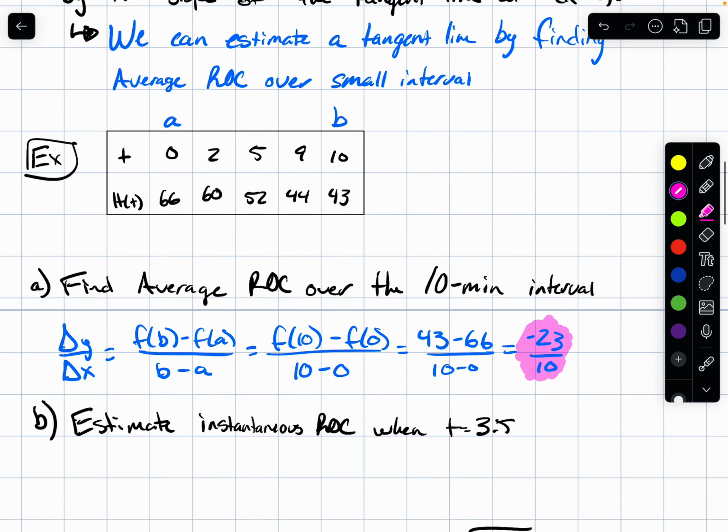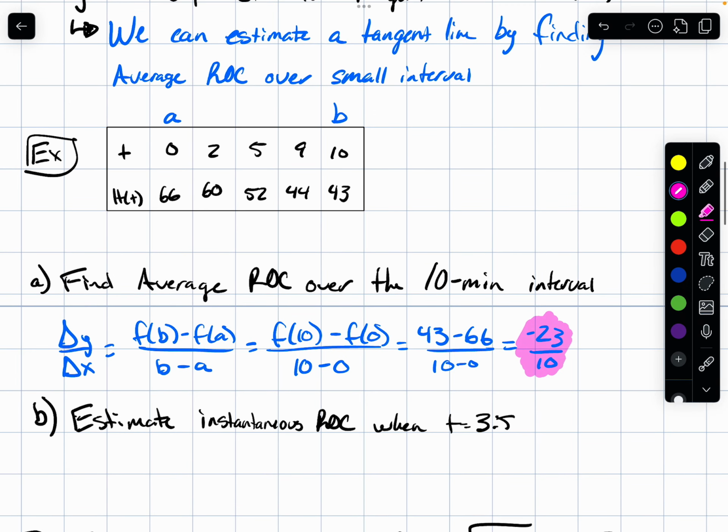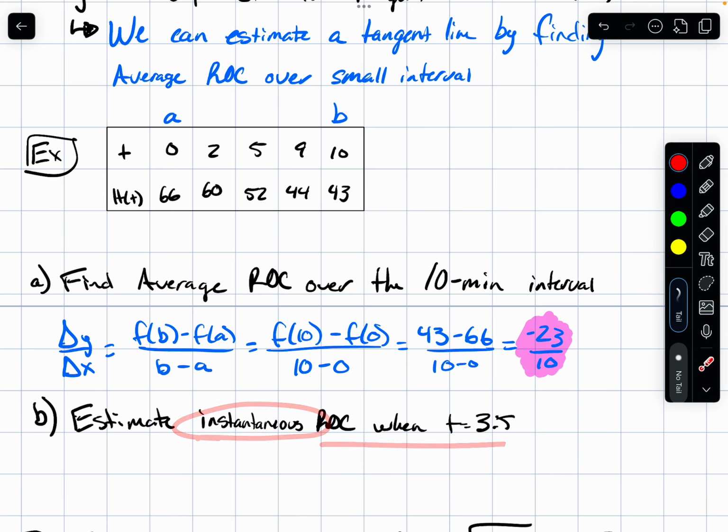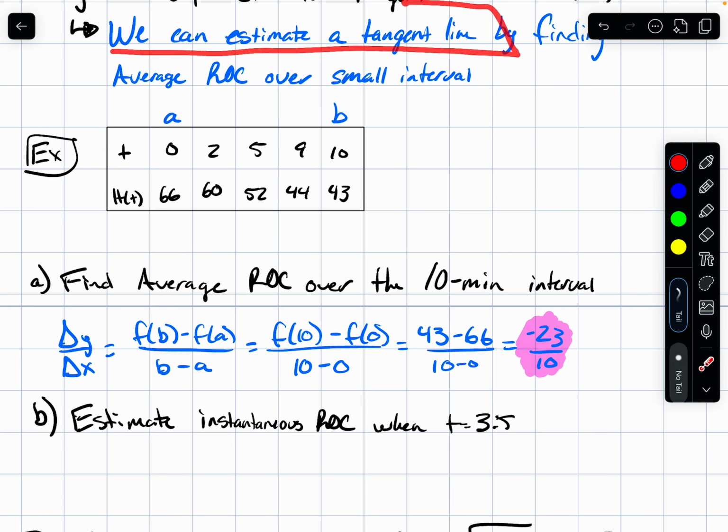The next piece is going to be referring to this blue text. So what I want to do is estimate the instantaneous rate of change when t equals 3.5. Obviously 3.5 is somewhere here. I don't have any values, but I know we can estimate a tangent line. And what does the tangent line show?